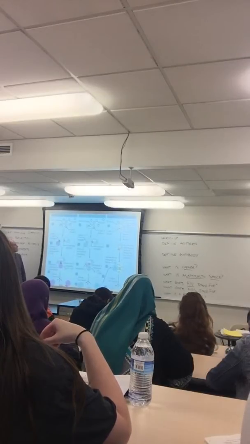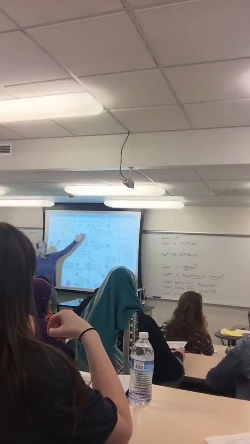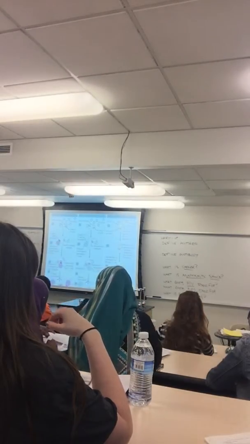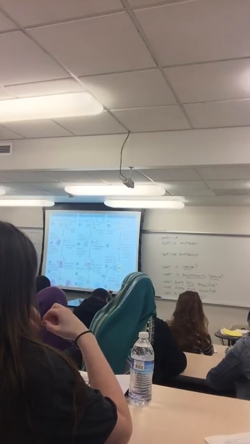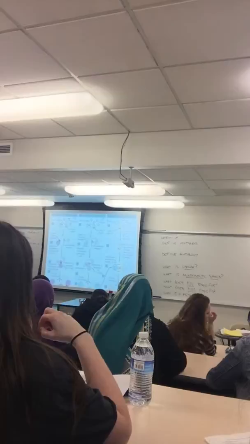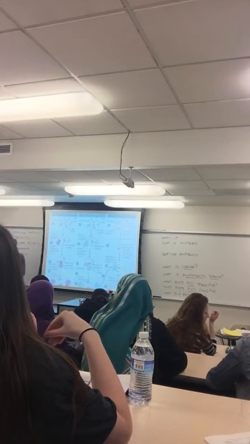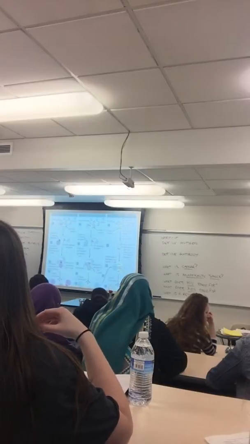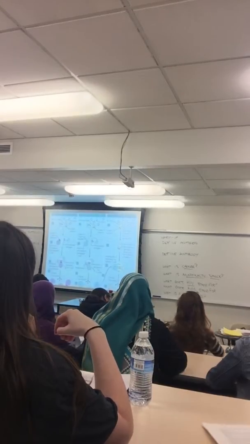You have to pay special attention to where class 1 proteins are, class 2 proteins. By the way, class 1 and class 2, what does that refer to? What type of molecule? MHC. So what is the M in?